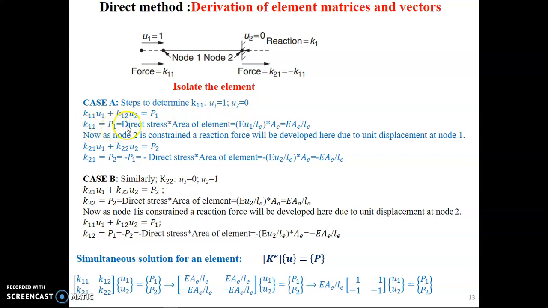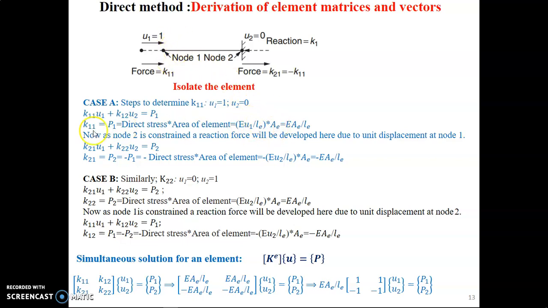Now the value of P1 we can get: it will be equal to the direct stress due to the P1 force into the area of the element. The direct stress we can get by using the strain, that is the ratio of U1, the deflection at node 1, divided by the length of the element, into Young's modulus. So this will be the value of the stress, multiplied by the cross-sectional area of the element.